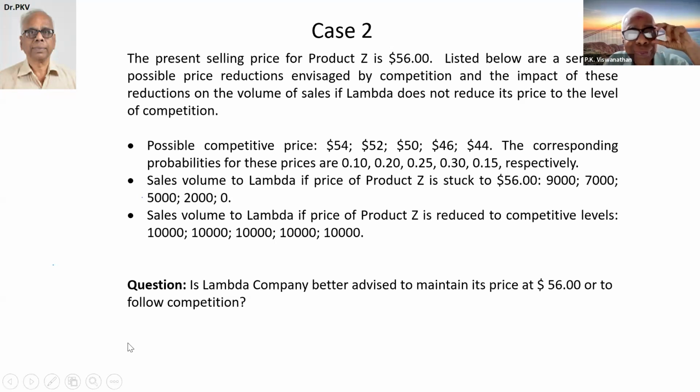Now, let us look at certain facts. The uncertainty is the competitor price. The probabilities, if you add, it will add to 1: 0.1, 0.2, 0.25, 0.3, and 0.15, cumulatively 10%, 30%, 55%, 85%, 100%.